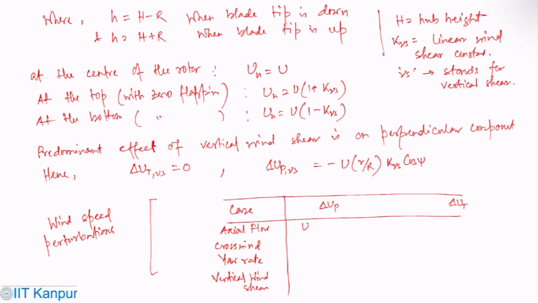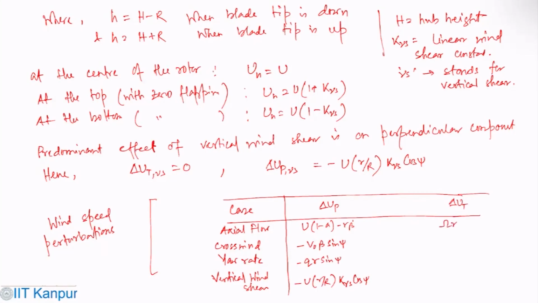So axial flow, this is U, 1 minus A, R beta dot; crosswind, minus V naught beta sin psi, minus Q R sin psi, minus Q R by R K nu S cos psi.